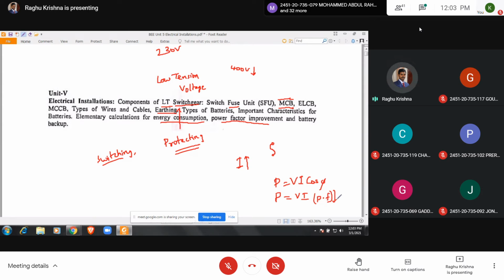If power factor reduces, what happens? For getting the same amount of power, I increases. If power factor reduces, current increases. And if current increases, losses increase.